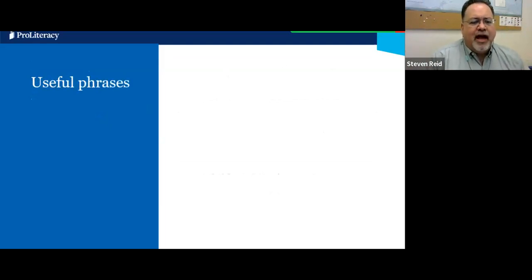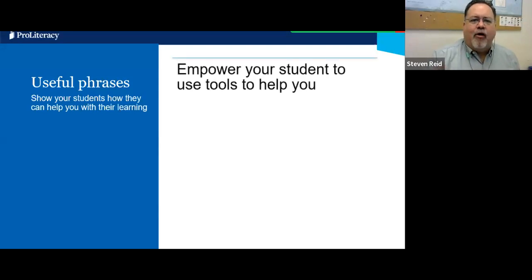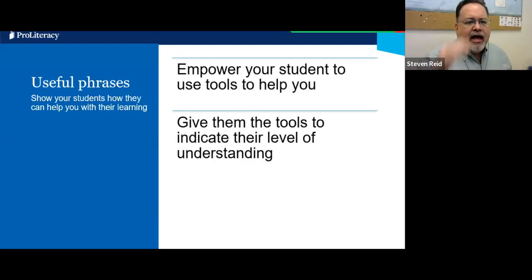And then I also look at some useful phrases. These are some phrases that I use to have your student help me help them. They're designed to empower my students, to give them the tools to help me. And if I give them the tools, that's going to let them say, okay, he's told me this phrase.